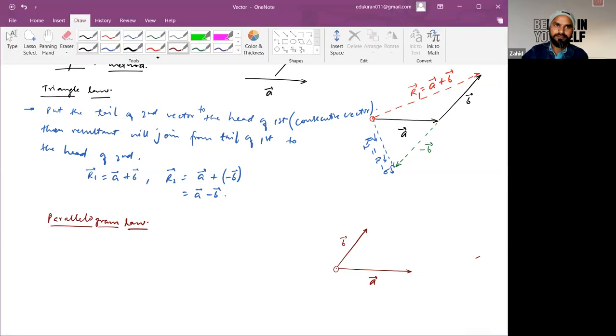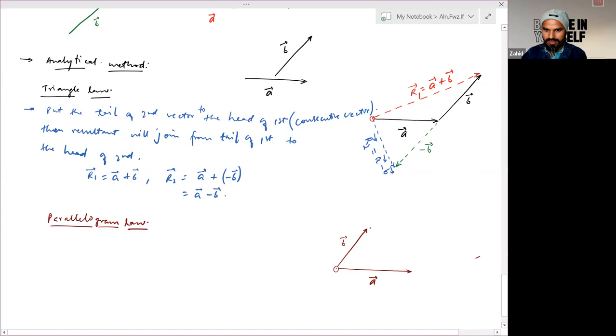Similarly, you may shift this vector A along this and vector B along this so that the final points of these two vectors will coincide at this point. So they will behave as co-terminal vectors.